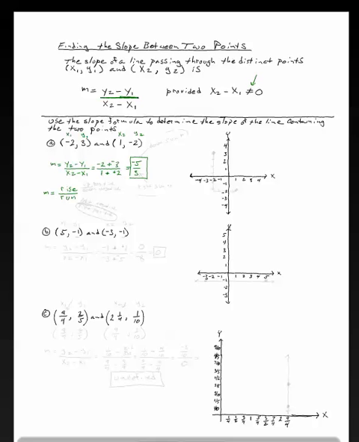And what we mean is the rise is how far you have to go up or down. Remember, up if the top number is positive, down if the top number is negative. And then the run is going to be left or right.